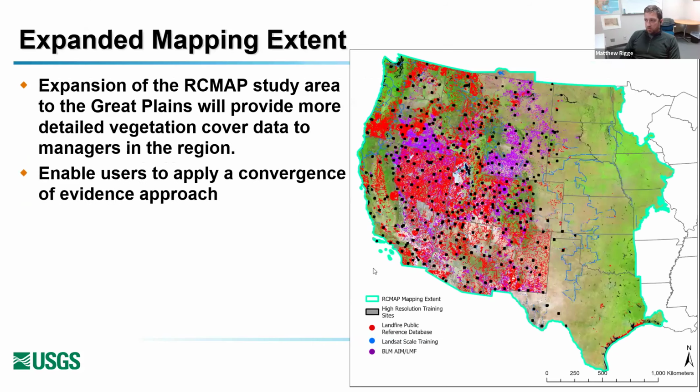So this is what our new study area looks like. This is expanding to include the Central Grasslands Roadmap area, which will allow users to apply a convergence of evidence approach. So additional data is always good to reduce uncertainty in any analysis.